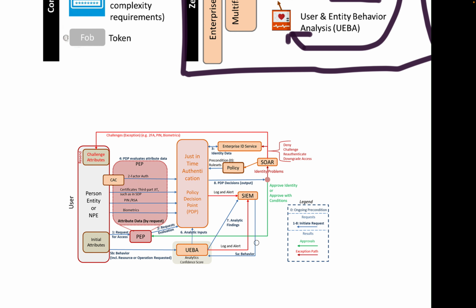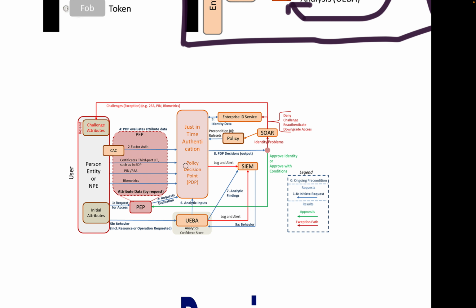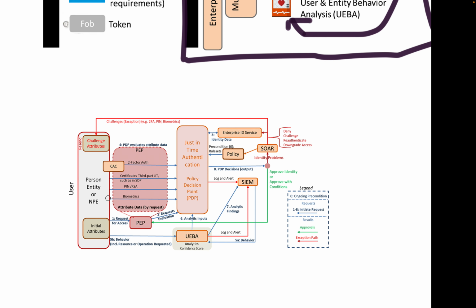So let's look at it a little deeper. This is a more in-depth operational view. Again, we have our user. Now, you may have noticed we're not really identifying how they're connecting. It could be various ways, right?